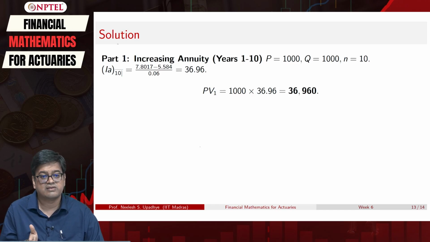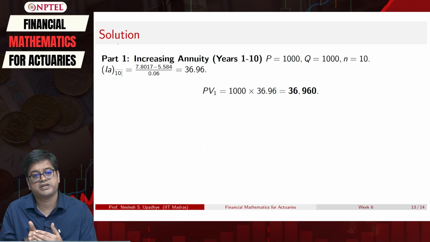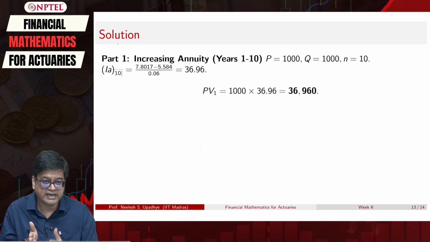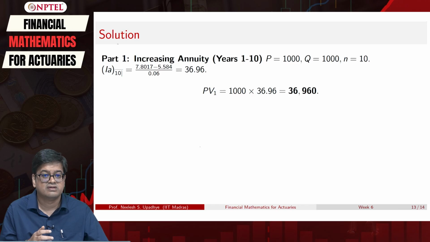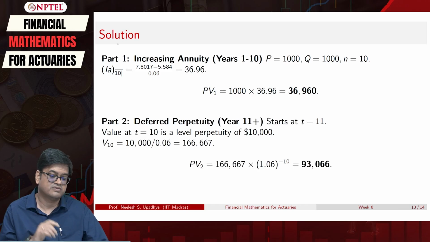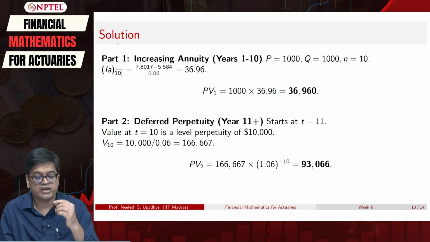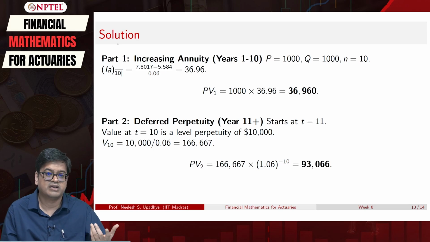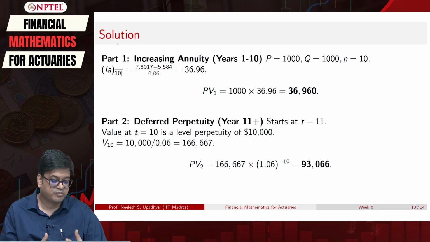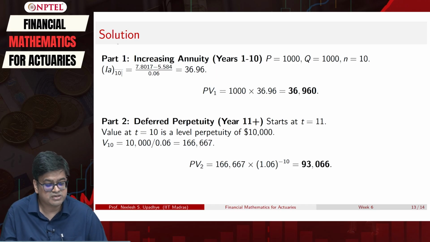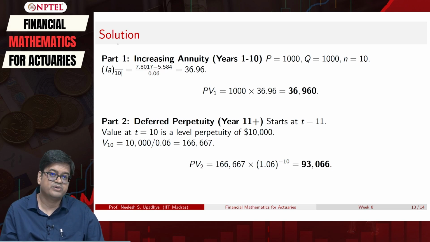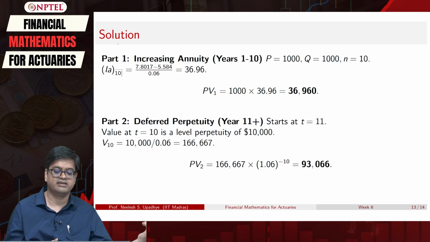And after that I have to consider the deferred perpetuity, which starts at time point 11. So, I need to calculate the value of this perpetuity at time point 10. Okay. So, that is the important thing, and that value of level perpetuity 10,000 will be 1 by I, right. So, 1 by I multiplied by 10,000, which is 10,000 divided by 0.06, which gives me 166,667, and this value I need to bring backwards by 10 years.